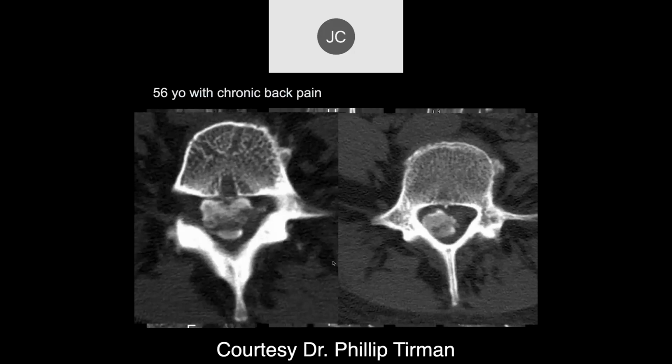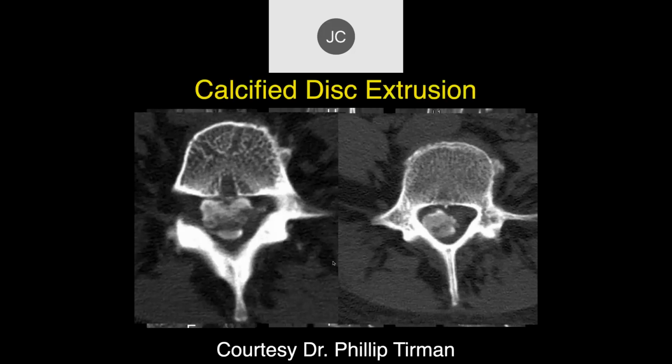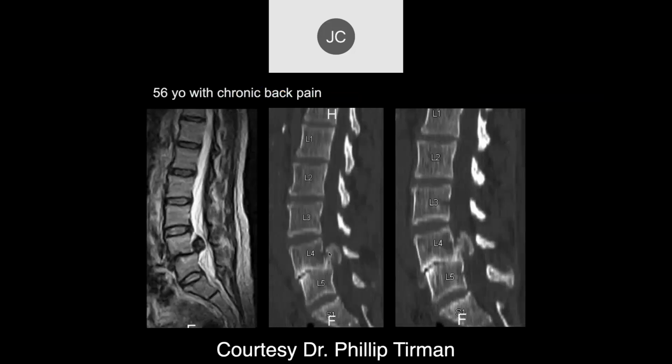It comes in here on the axial images. So that's a calcified disc extrusion. I haven't seen these very often in the lumbar spine. I've seen a few in the thoracic spine, but these obviously are chronic. To be chronic like this, it has really got to be mostly the fibrous material from the disc that has extruded out, because all of the nuclear material would have been resorbed.